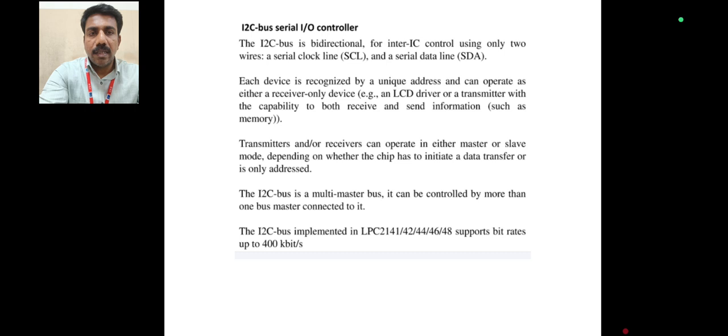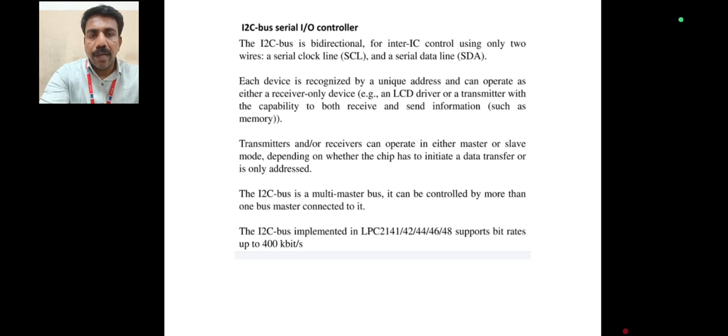Each device is recognized by a unique address and can operate as a receiver device, for example, an LCD driver, or a transmitter with the capability to both receive and send information. The transmitter or receiver can operate in either master or slave mode. The I2C bus is a multi-master bus; it can be controlled by more than one bus master connected to it.